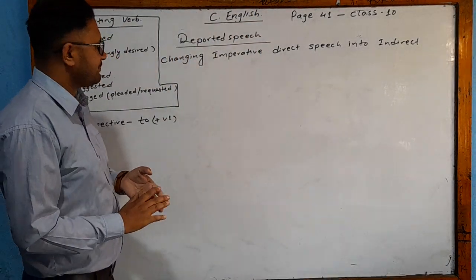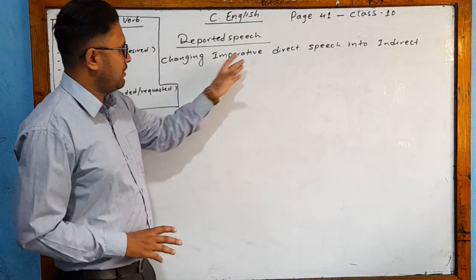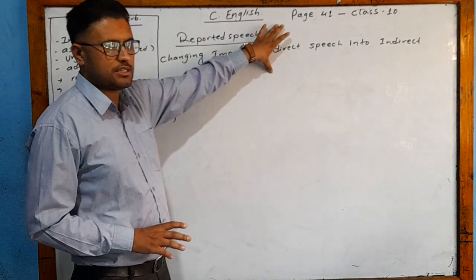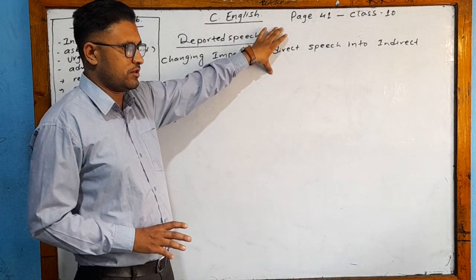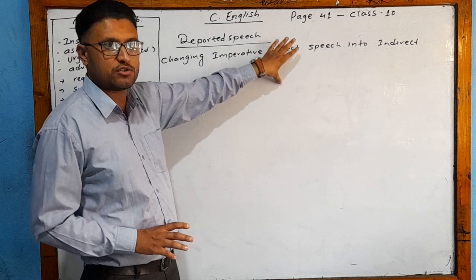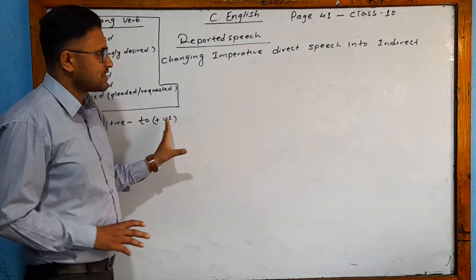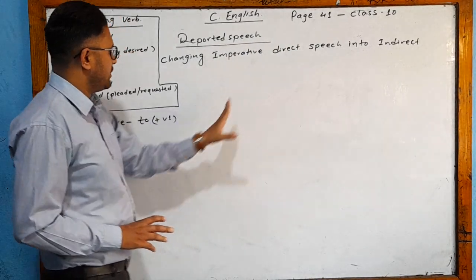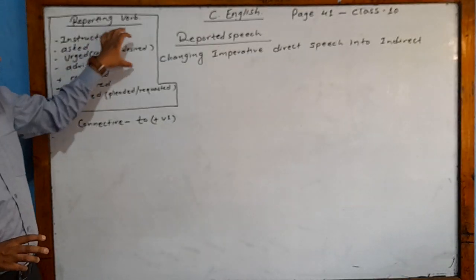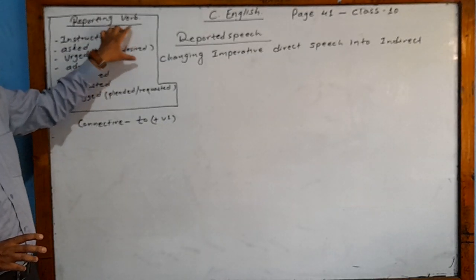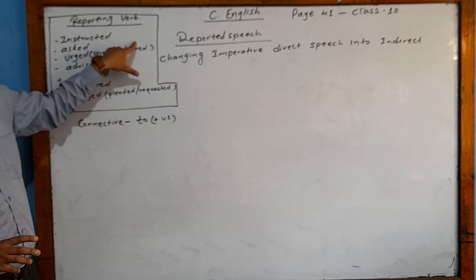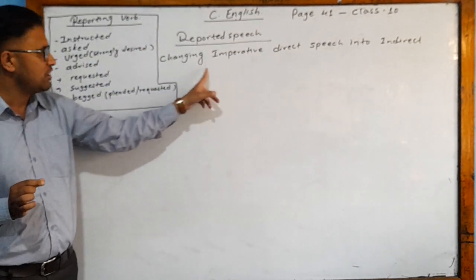Okay? So, but when it comes to changing reported speech or, let's say, imperative sentences into indirect speech, there are certain things to remember. Okay? The first thing is, most importantly, you need to know about the reporting verb. While changing imperative direct speech into indirect speech, we use these reporting verbs.